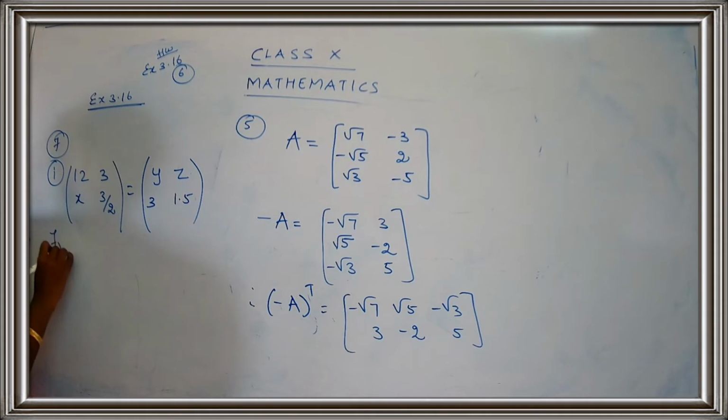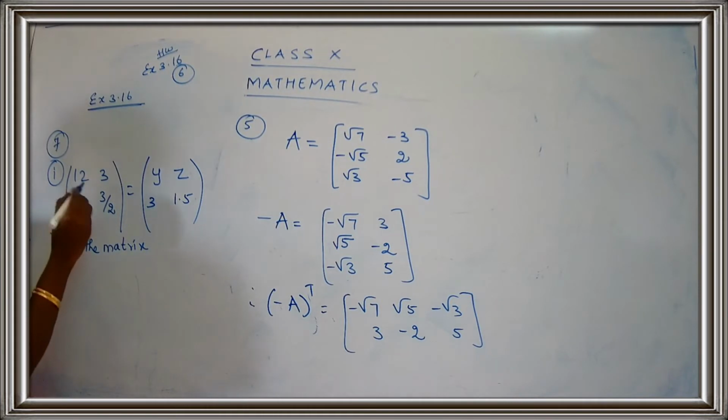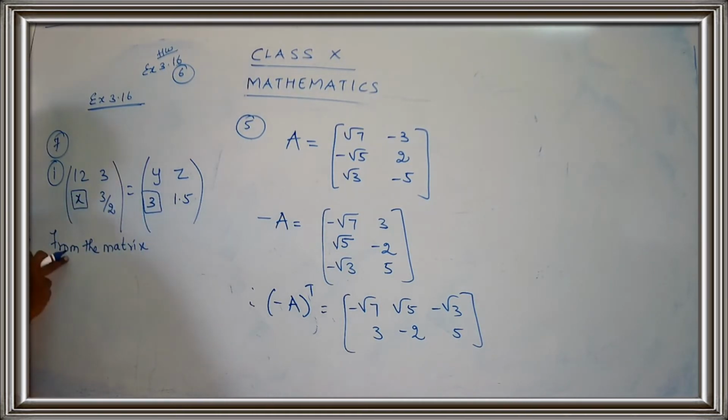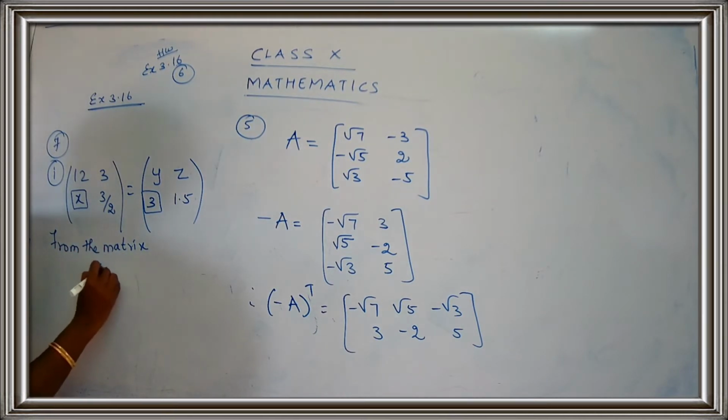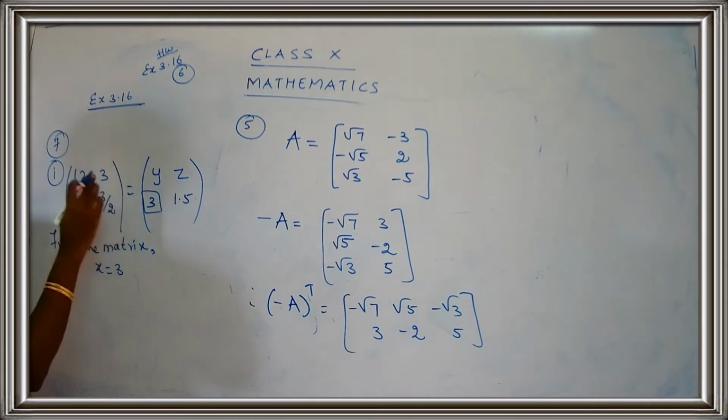Write down, from the matrix, what is the value for X? It's 3. Very easy. From the matrix, X is equal to 3. Getting my point? What is the value for Y? See, Y is here, yes?